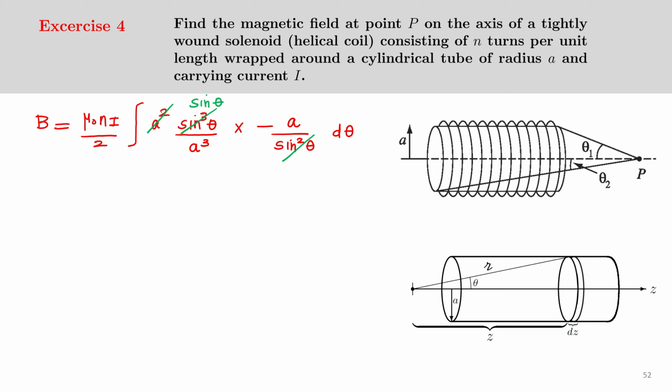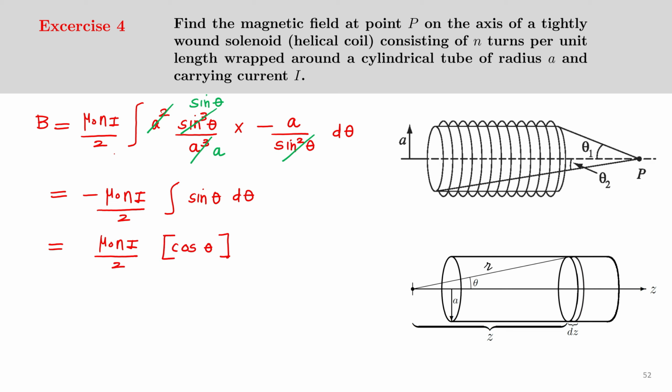Then a square and a cube will get cancelled. Therefore, B is equal to negative of mu 0 n I over 2 integral sine theta d theta, and that is equal to mu 0 n I over 2 cos theta from limits theta 1 to theta 2.